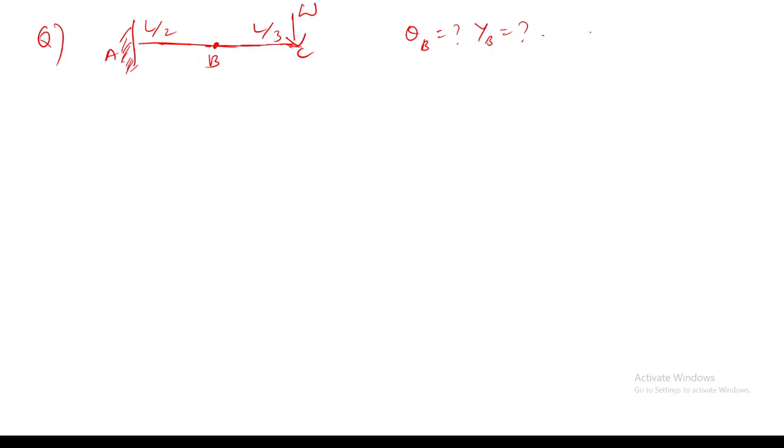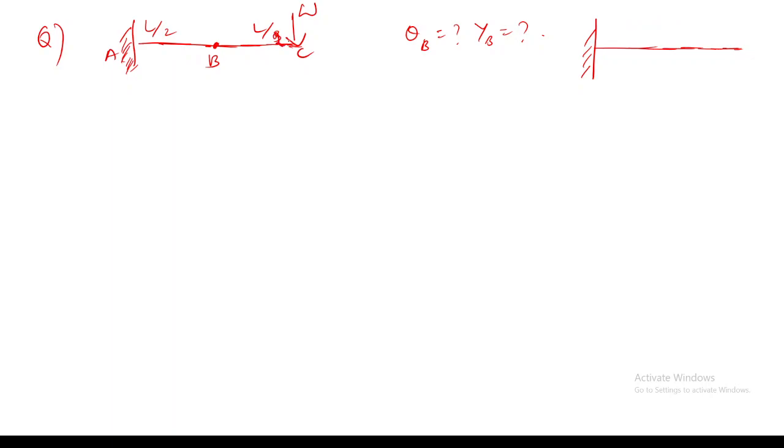For this we have to take the same system. Only thing is you have to translate this load to point B. How will you translate the load from point C to point B?